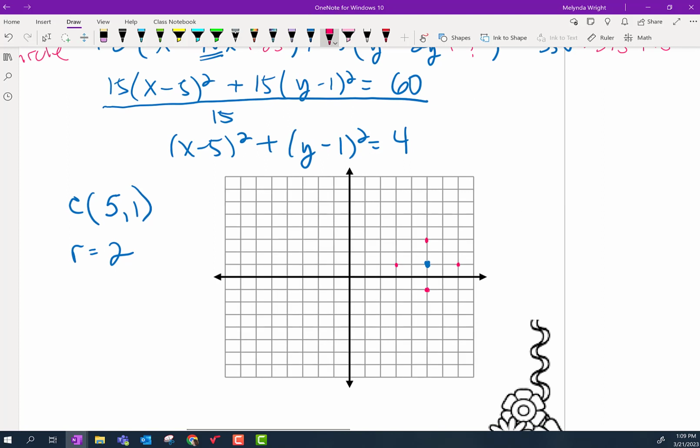And then I simply finish drawing it. Okay, there's our circle. And really with the circle, all they want to see is the center and the circle. They don't really want to see anything else. We don't have to worry about other parts of it. So it's just the center and the actual circle itself.